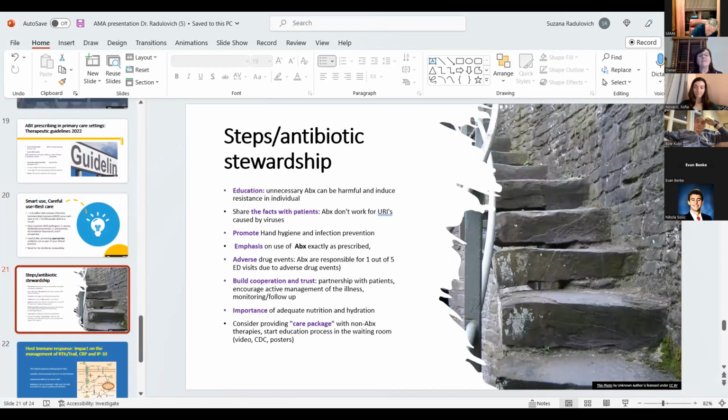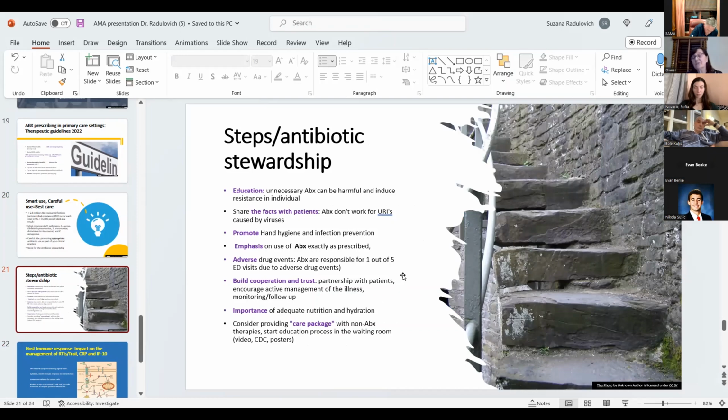Steps toward antibiotic stewardship: education, of course. Although we emphasize that antibiotics can be harmful and induce resistance in the individual, we need to always share the facts with the patient. We need to promote hand hygiene and infection prevention.